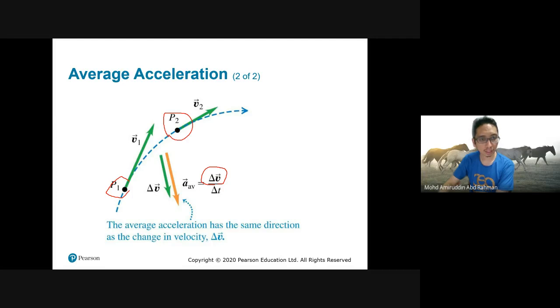And notice that the average acceleration has the same direction as the change in velocity, delta V. So that's the direction of the average acceleration.